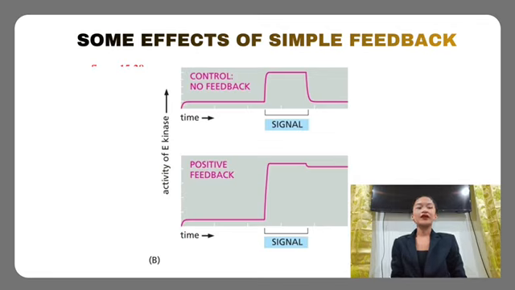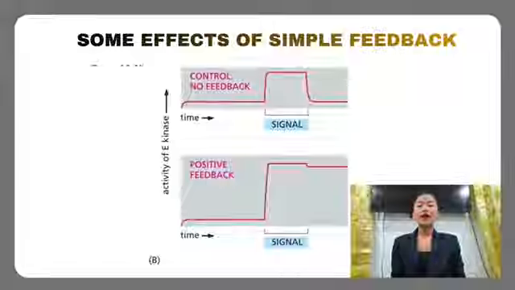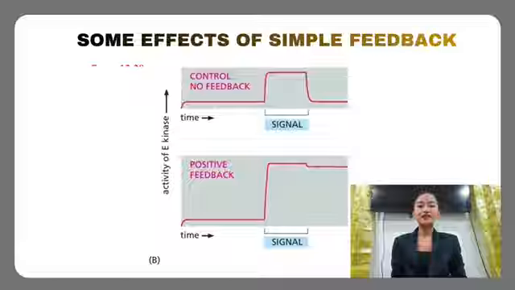Without the feedback, there is a response only when the signal is present. The bottom graph shows that with a positive feedback loop, the system is bistable, that is, it is capable of existing in either of two steady states. The transient stimulation by S kinase switches the system from an off state to an on state, which then persists after the stimulus has been removed.